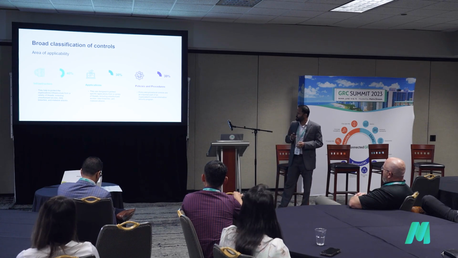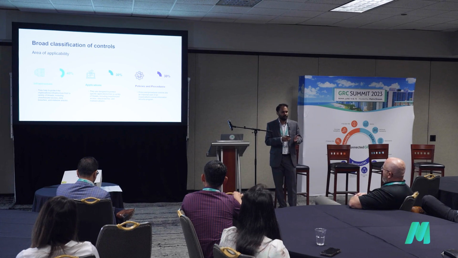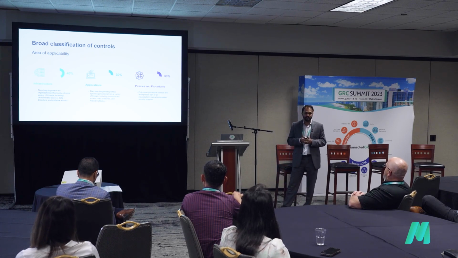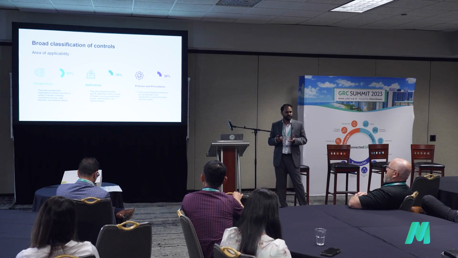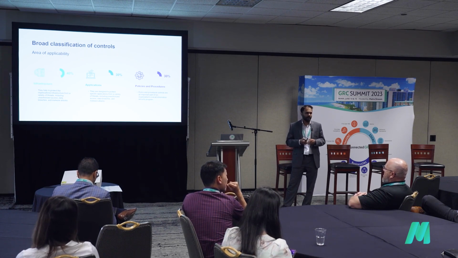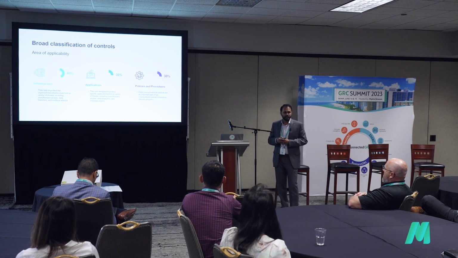That's what policies and procedures are. Then your application controls, which help you secure your information and ensure that your CIA objectives are met. And then the larger chunk, which is your infrastructure control, your cloud environment, your on-prem environment, your hardware assets of networking, so all that fall under the infrastructure control. And it is in this space where there is most potential for automation.